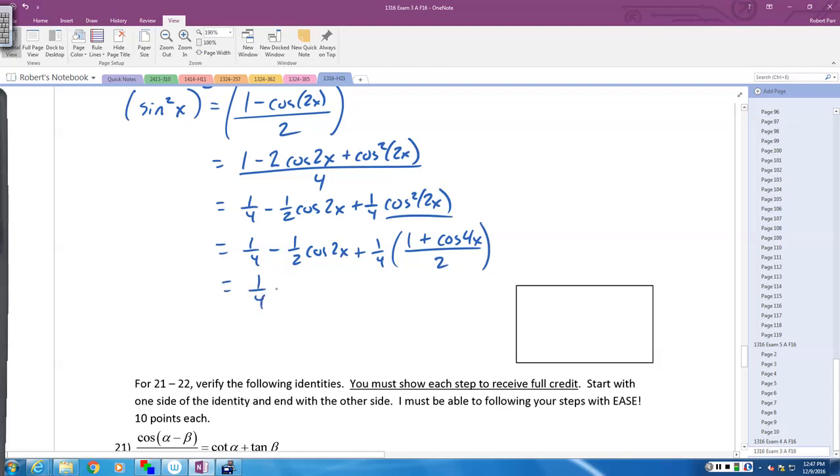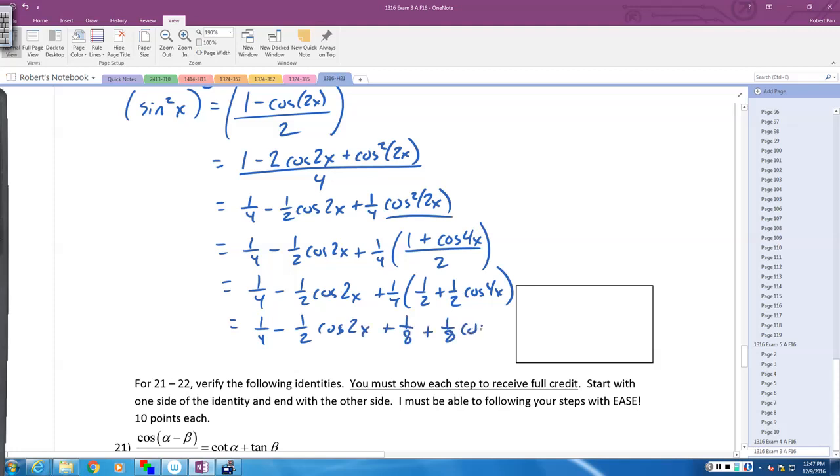So this is 1/4 minus 1/2 cosine of 2x plus 1/4 times 1/2 plus 1/2 cosine 4x. So 1/4 minus 1/2 cosine 2x plus 1/8 plus 1/8 cosine 4x. And I can combine like terms. This will be 3/8 minus 1/2 cosine 2x plus 1/8 cosine 4x.